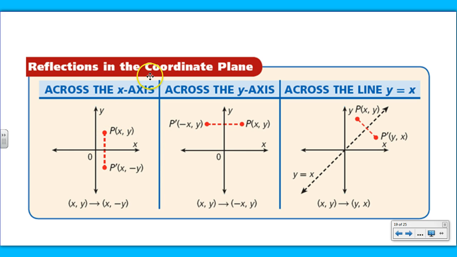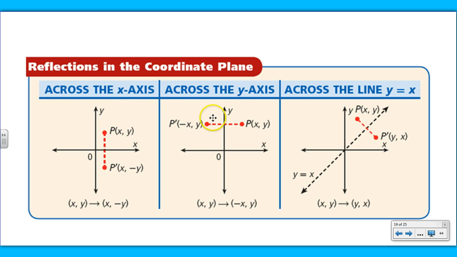So let's look at the math behind reflections. We've already used this earlier in the text, but across the x-axis, if we reflect a point, which coordinate of the ordered pair are we taking the opposite of? And of course, it's the y value, right? We're taking the opposite of the y, which reflects us across the x-axis.